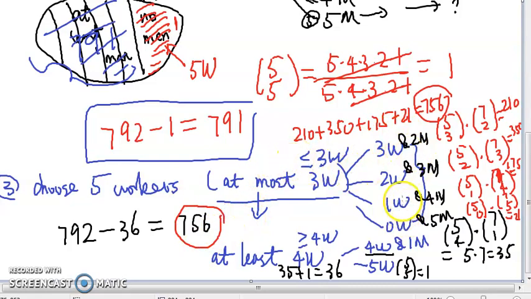So you can compare 2 solutions. If you do it the straightforward way, it is going to give you 4 cases. But if you do the opposite way, you just have 2 cases, and you need to remember to subtract from the total number of ways. So that should give you the same answer.